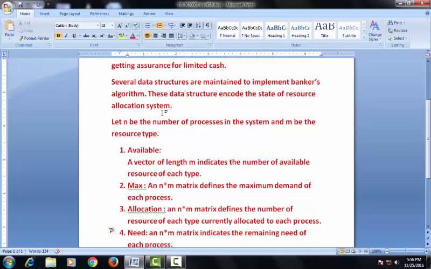Suppose process P1 requires 4 printers, but currently we do not have 4 printers, we have 2 printers. So we can allocate 2 printers, and process P1 still requires 2 printers for its complete execution, right? So process P1 will wait in a waiting queue for the resource of type printer, and the number of resources required is 2. So Need indicates the remaining need of each process, right?